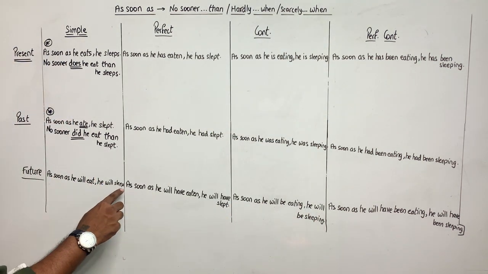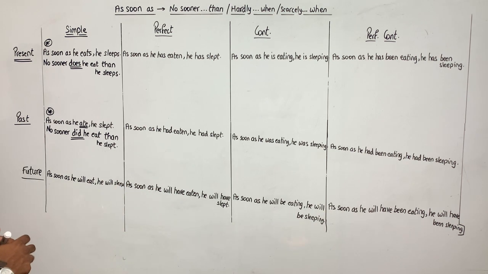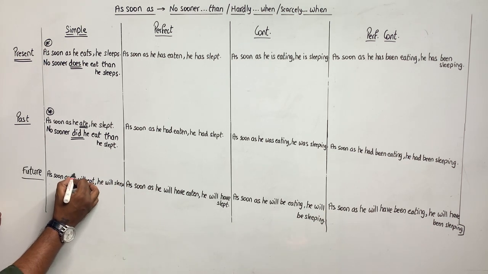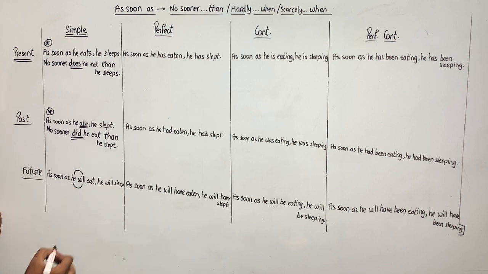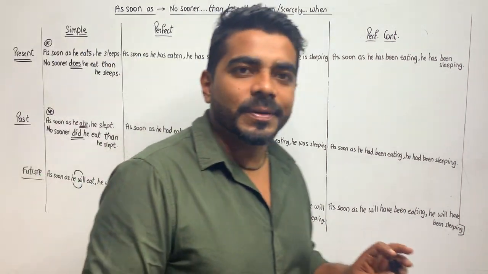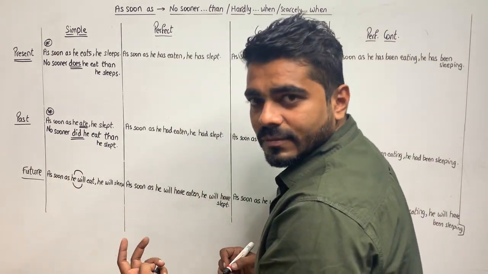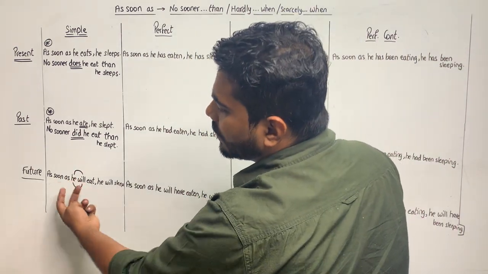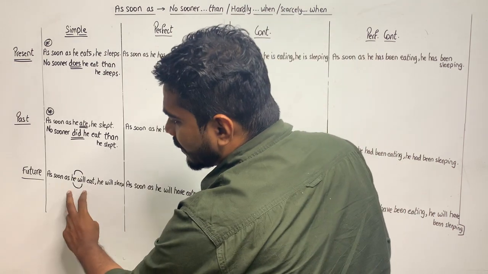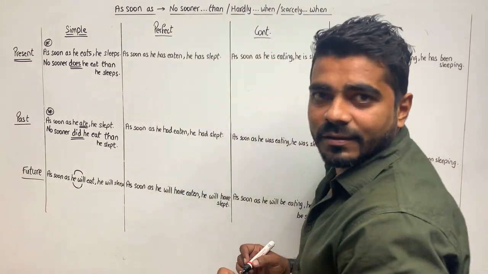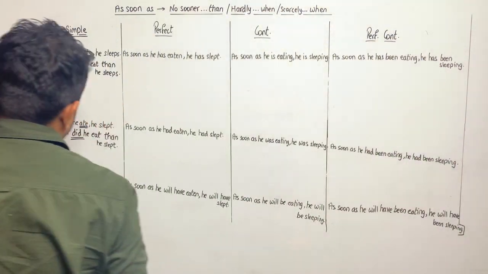As soon as he will eat, he will sleep. Over here, you'll change the position of the subject and the verb. He will becomes will he. Rest of the sentence is the same.